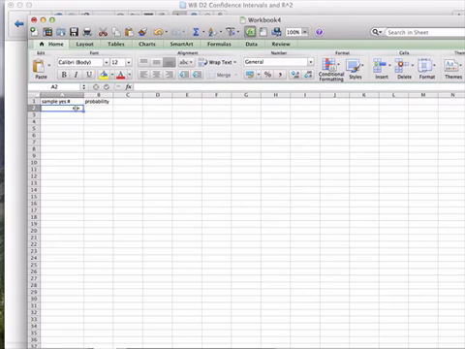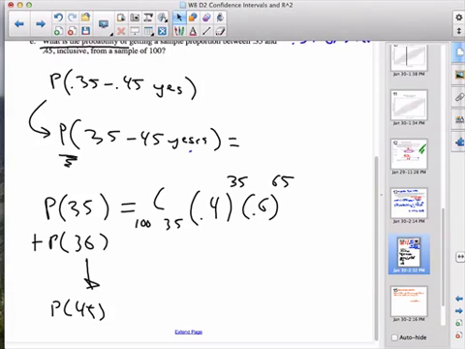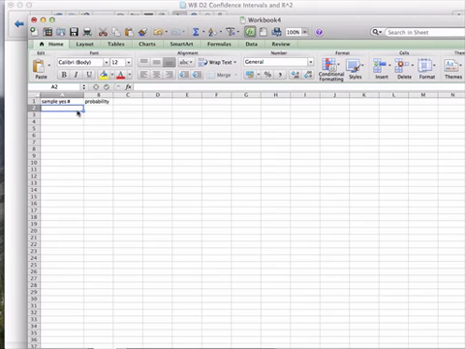So the sample yes, what's the smallest yes number that I'm looking for here? 35. So my first number, I would put 35. The next number would be 36. A way to save some time: you can hit the equals sign, click the previous cell, and then hit +1 and enter. So that means that this cell is A2 plus 1.